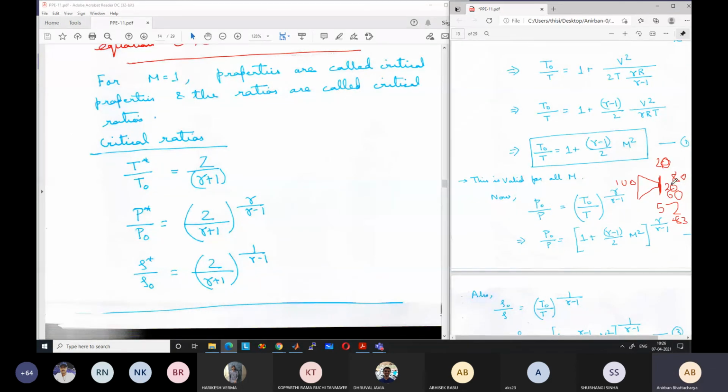So if there is a puncture, if there is a hole, on one side you have 200 kilopascal pressure, on the other side you have 100 kilopascal. Will that hole get choked or not?